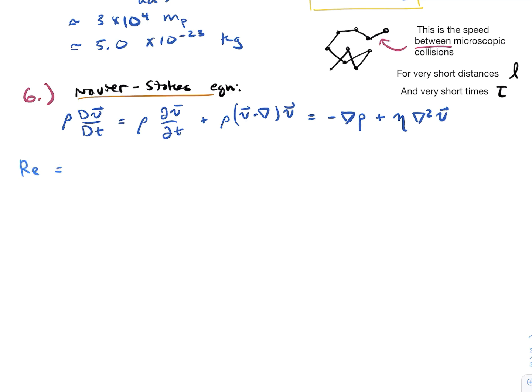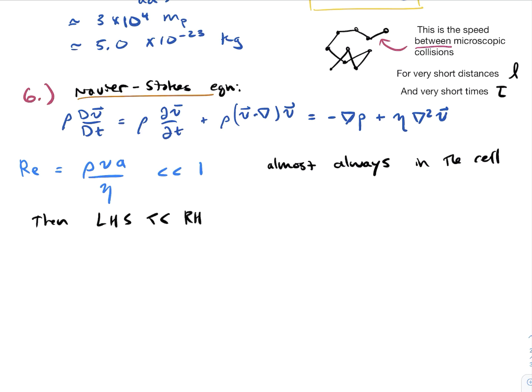That limit is characterized by the Reynolds number, which is equal to rho v a over eta, a being the length scale of the system, v the velocity, rho the density, eta the viscosity, and it's almost always much less than 1 in the cell. And in that case, the left-hand side is much, much smaller than the right-hand side, and solving the Navier-Stokes equation just amounts to solving the right-hand side equal to 0, or grad P is eta del squared v.